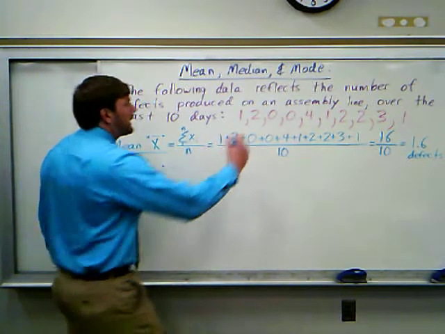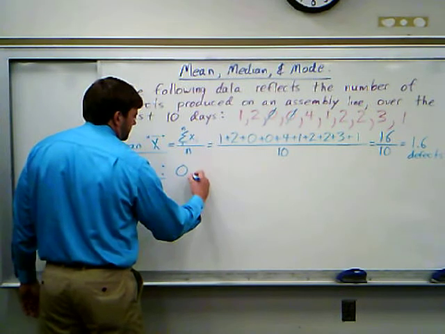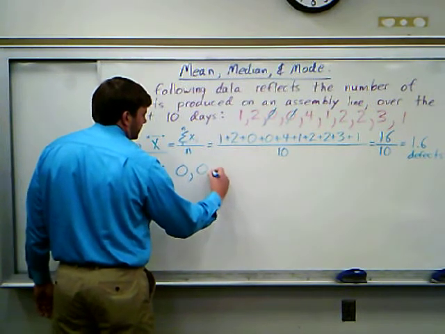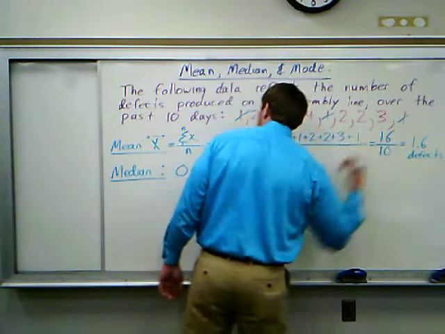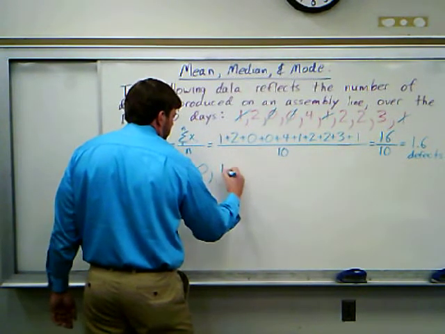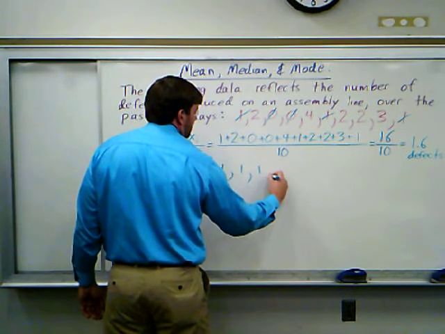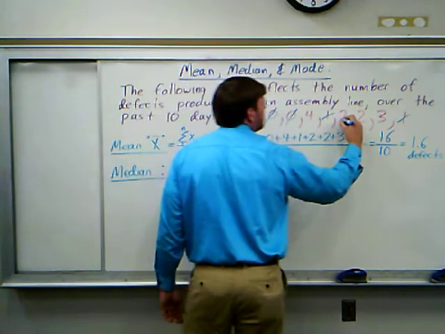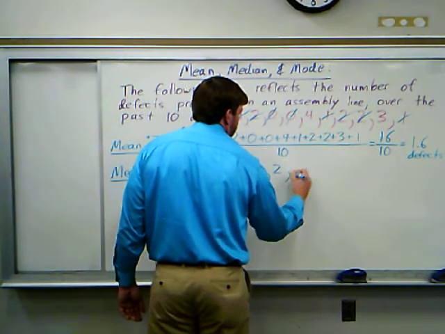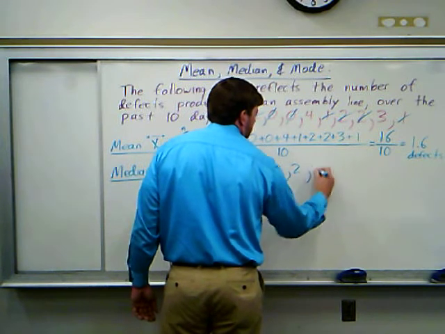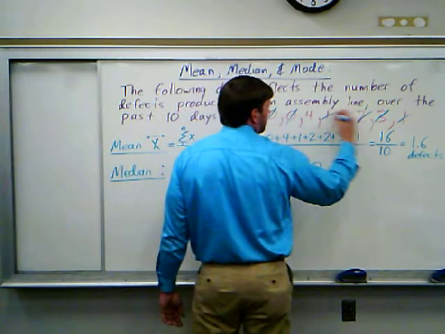So let's see, we got 2 zeros, we got 1, 2, 3 ones, and we have 1, 2, 3 twos, and a 3 and a 4.